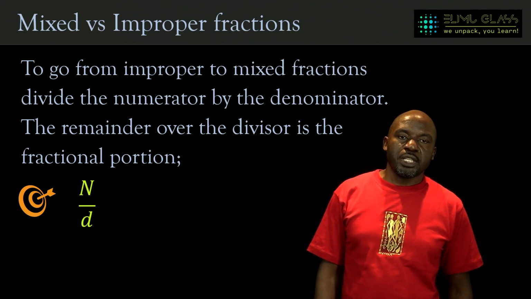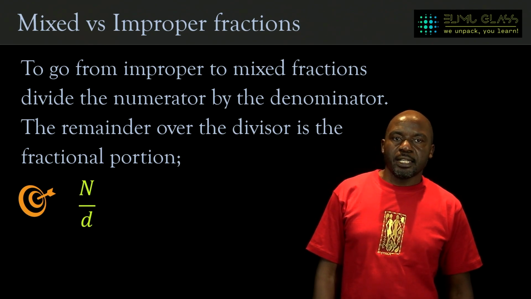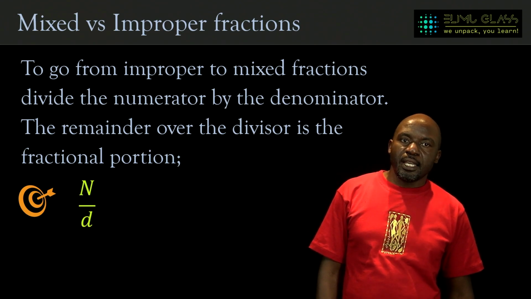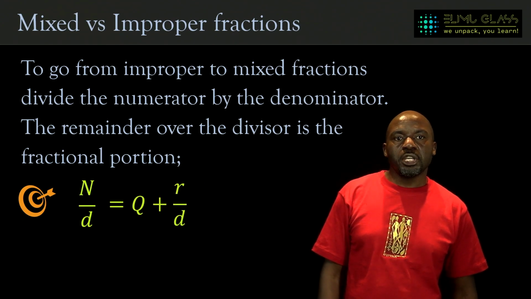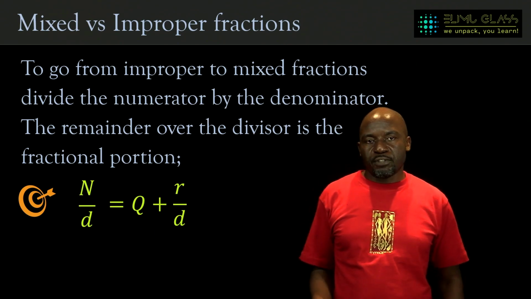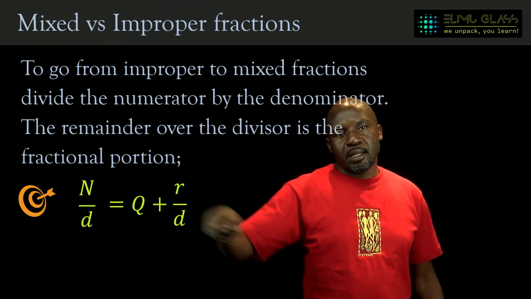First of all, we see how many times d goes into n. All right, and we will write that down, and whatever remains is what we place under d. So that would be, for example, q. So d would be going into n q number of times, and then we say plus some remainder over d.